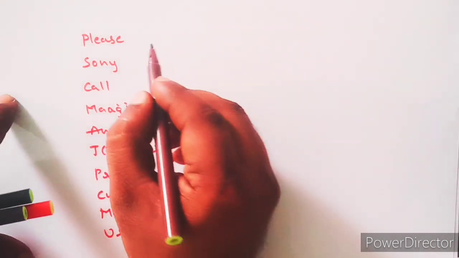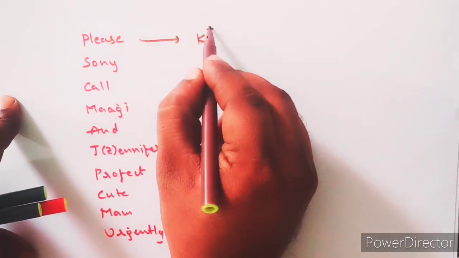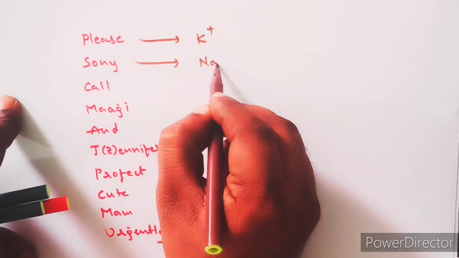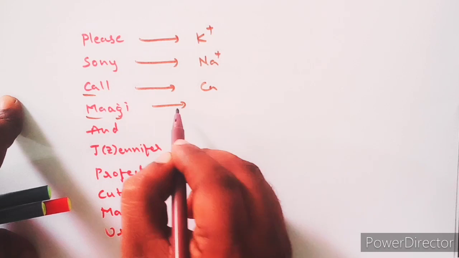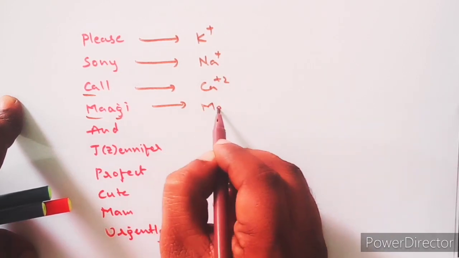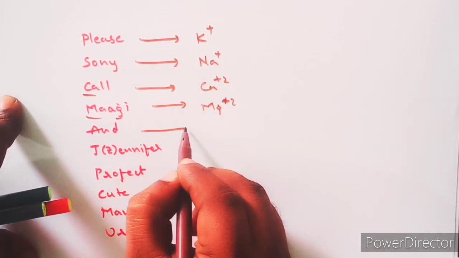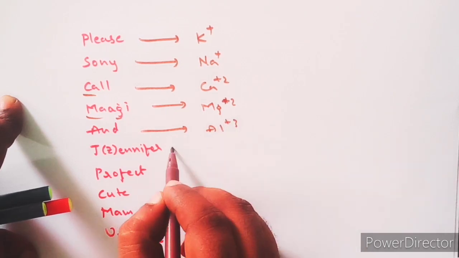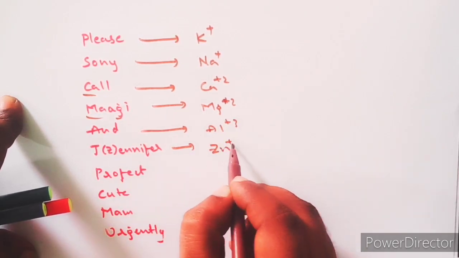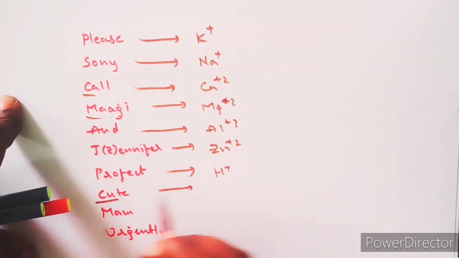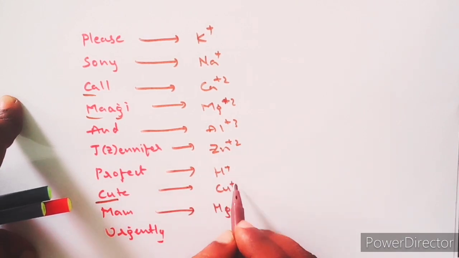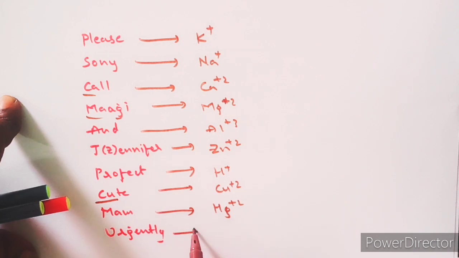Please, potassium ion; Sony, sodium ion; call, calcium ion; Maggie, magnesium ion; and aluminum ion; Jennifer, zinc ion; protect, proton; cute, Cu, copper; ma'am, mercury; argentum means silver.